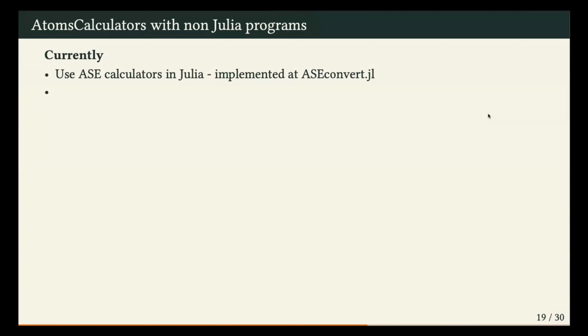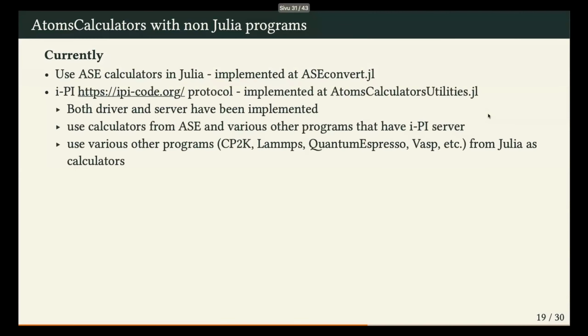So that's the first bit of how you use it. It's pretty simple. Once you go on the ASEconvert website, you can see how it is done. And then there's this one. i-PI, if you do not know, is a program to do path integral simulations, ring polymer molecular dynamics, and so on. It includes a protocol for different programs to communicate.